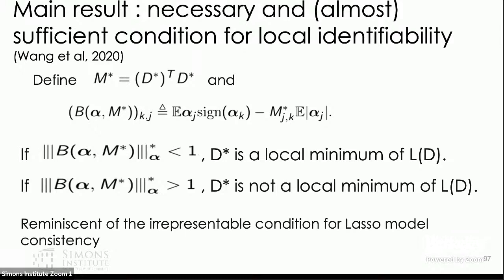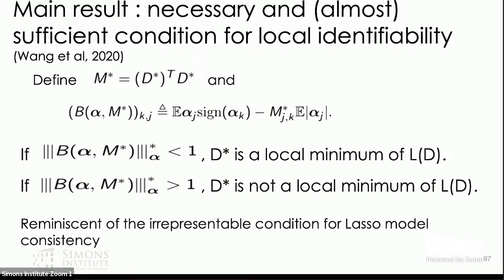If it's independent and this means 0, this term disappears. This is really related to coherence or incoherence, and this one is kind of a scaling factor on top of the coherence. So if this quantity in the norm is less than 1, then the reference distribution is a local minimum of the population. If it's larger than 1, it's not a local minimum.